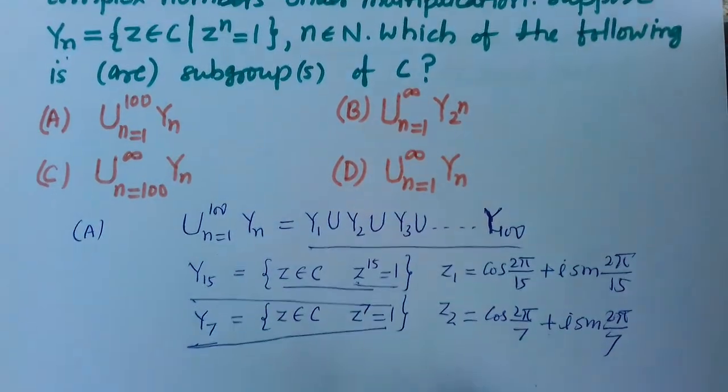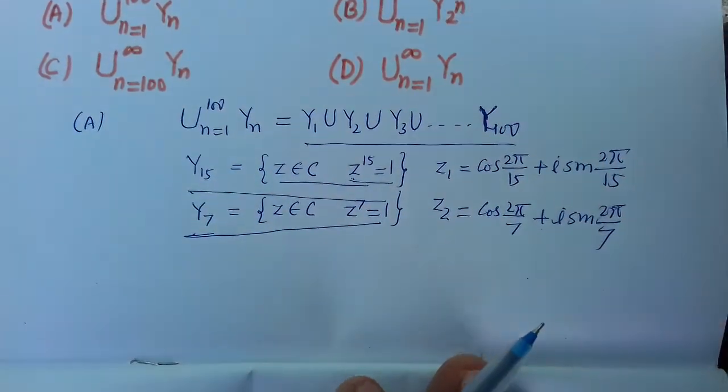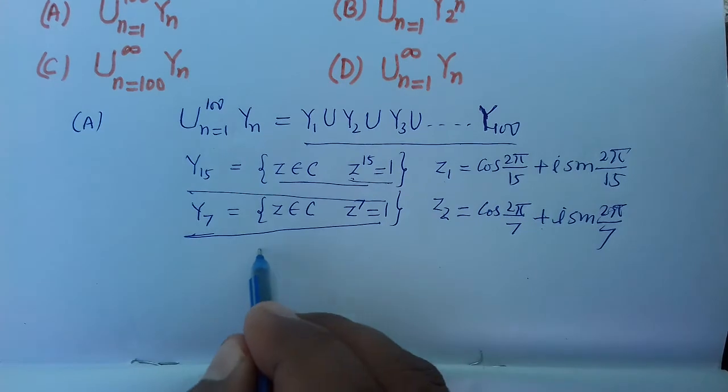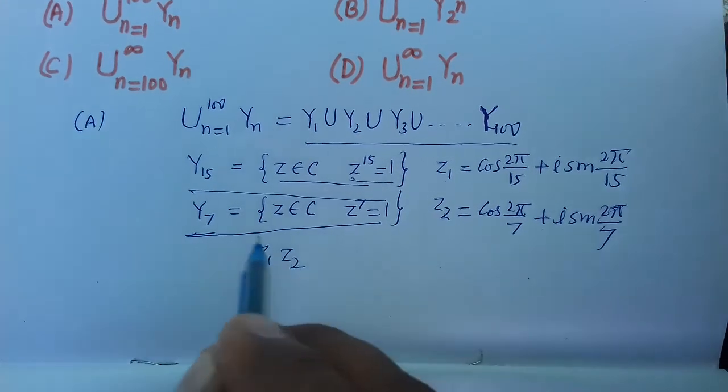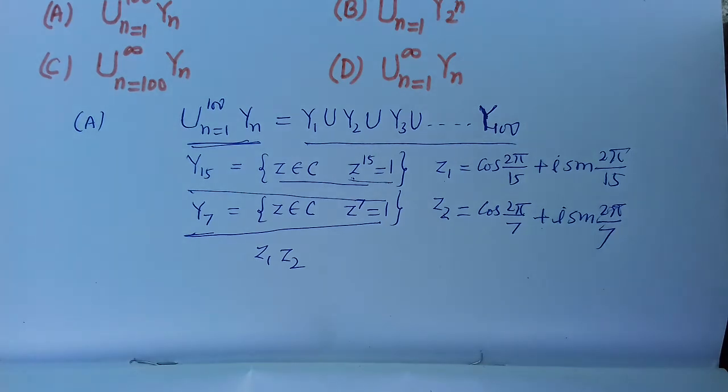Now here you see the subgroup of C. To be a subgroup, the product of these two must belong to this one. If it belongs, then there is a possibility that this is a subgroup.